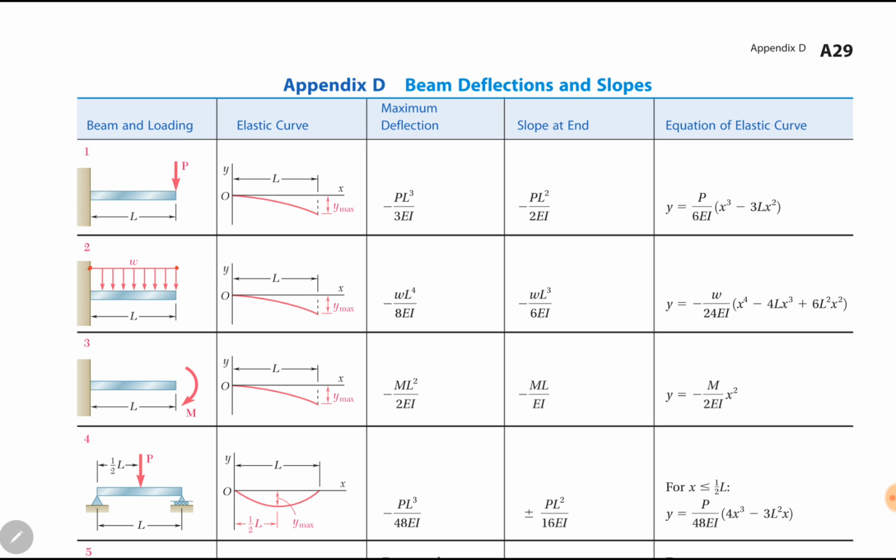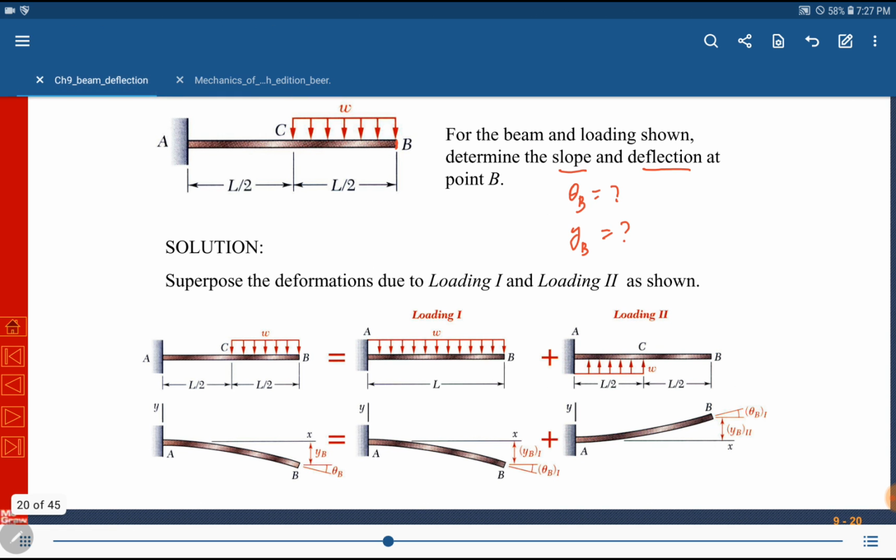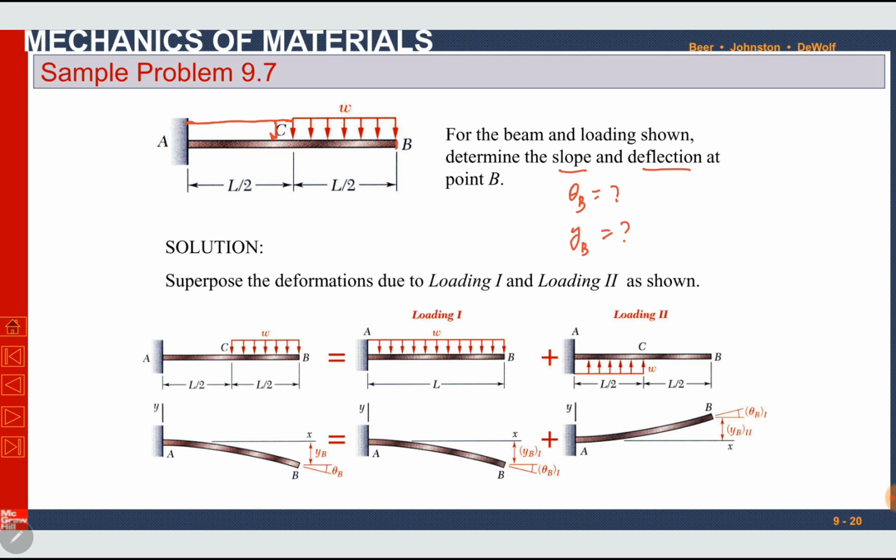So in order to make our beam similar to this kind of loading, I will add here some load W downward. To balance it out, I will also add some upward load W for half length, L by 2.